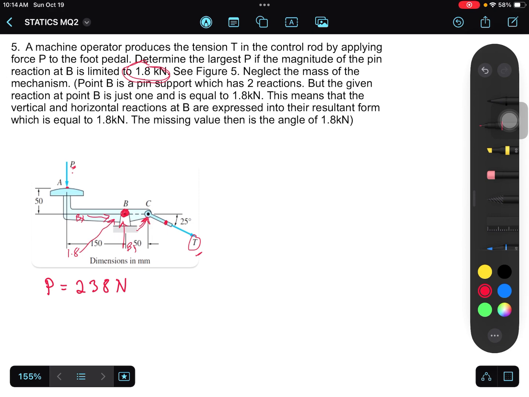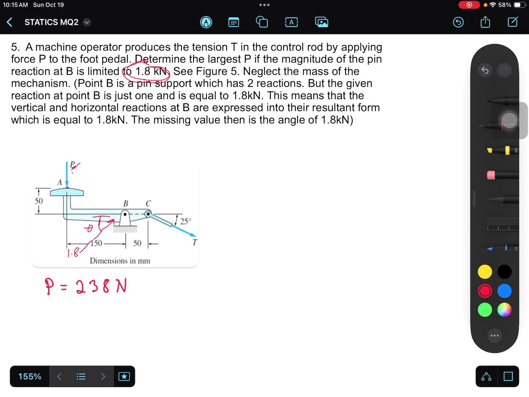Kaya, ito yung 1.8. Ngayon, may isang kulang pa dyan, which is yung angle ng 1.8 from the horizontal. Yun ang isa pang missing. So, wala tayong P, wala tayong T, wala tayong theta. But we have 3 equations of equilibrium, kaya this can be solved. Ngayon, you don't need yung BY, you don't need your BX, kasi ito na siya, si 1.8 na siya. Naka-resultant lang. So, you can just use 1.8, kaso wala kang theta.